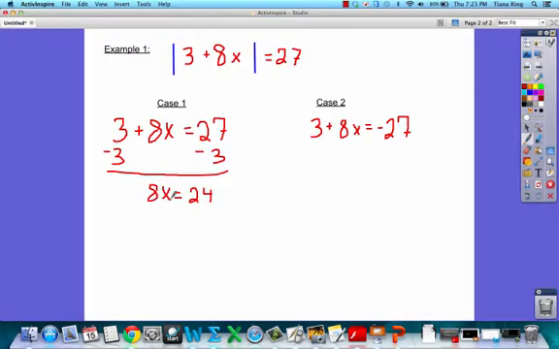And to solve for x, we would need to divide both sides by 8, and we get x equals 3.